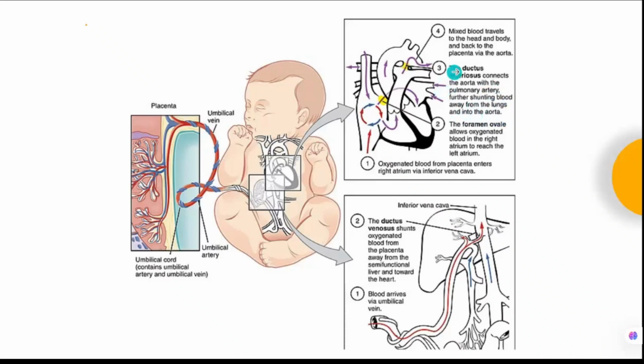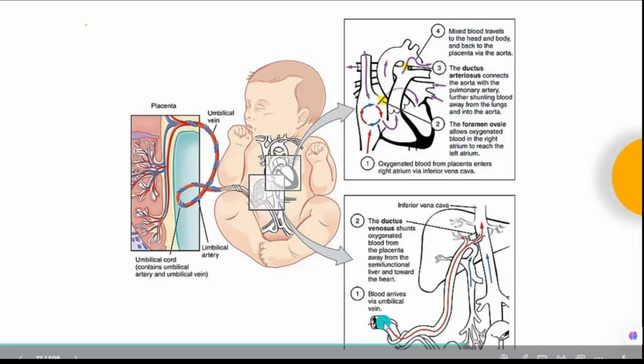So this ductus arteriosus, which is patent, will bypass the lungs and the blood will go into the aorta. Then mixed blood travels to the head and upper part of the body and back to the placenta via the aorta. So these are the things which are happening.